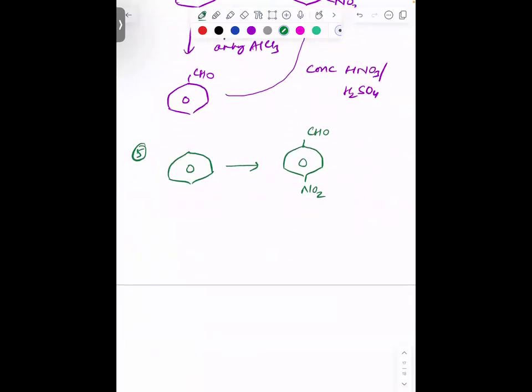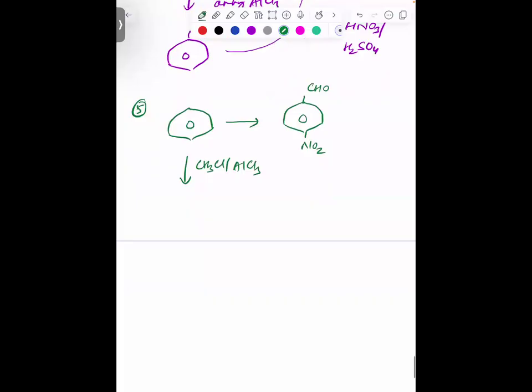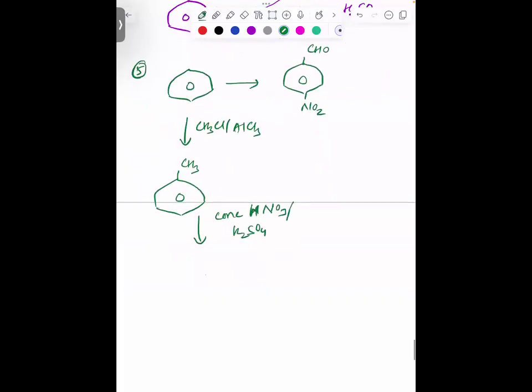So we have to do alkylation first. After alkylation, it will give toluene. Toluene undergoes nitration, HNO3 in the presence of concentrated H2SO4.